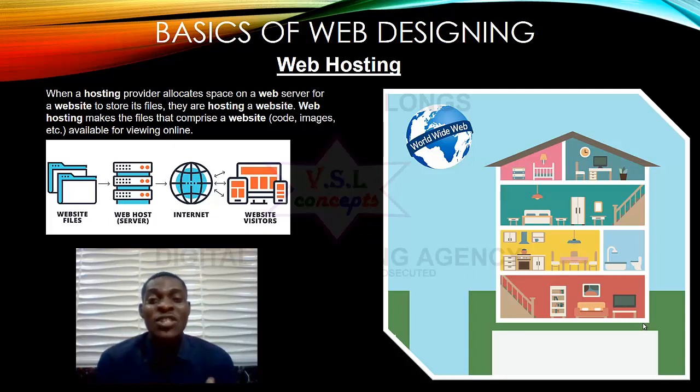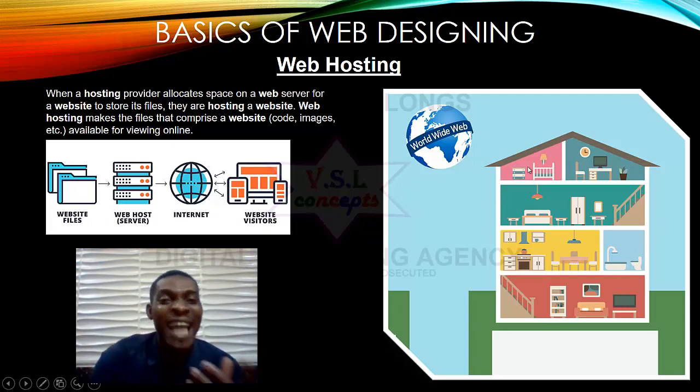So a plot of land is just that house, as it were, in the World Wide Web, as you can see here, where all your files will be saved, all your text, all your videos. So if someone clicks on your domain name, automatically the person will have access to the files you have saved.